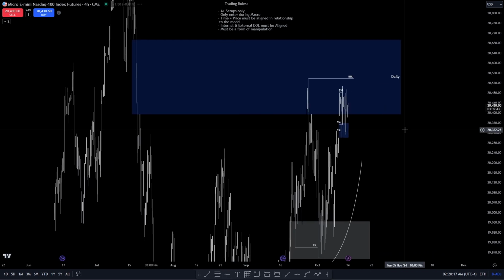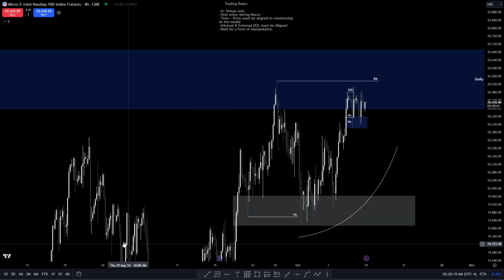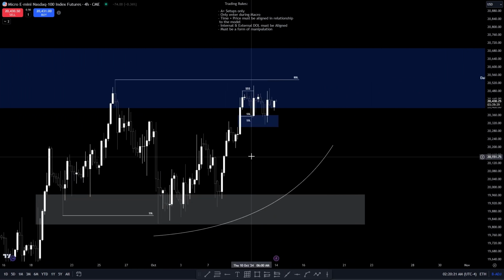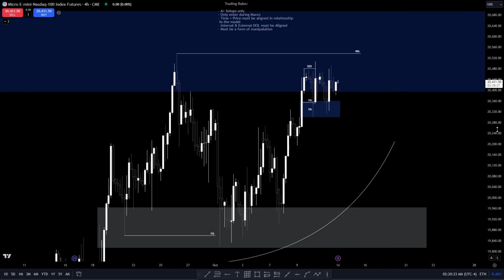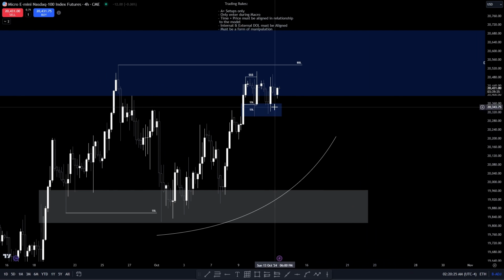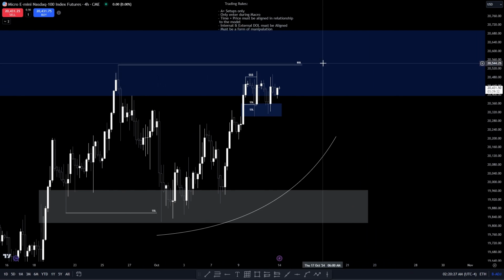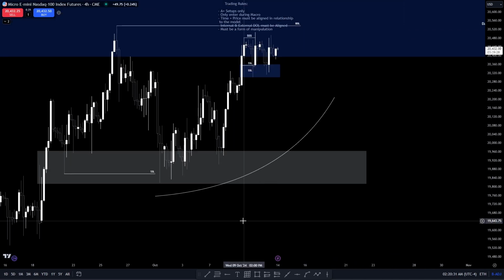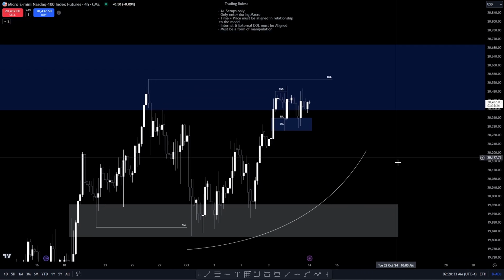And yes, I did see that we were retracing into a daily, but seeing how price action was reacting, I assumed that we want to manipulate these highs one more time and then possibly dump lower, but we will see.